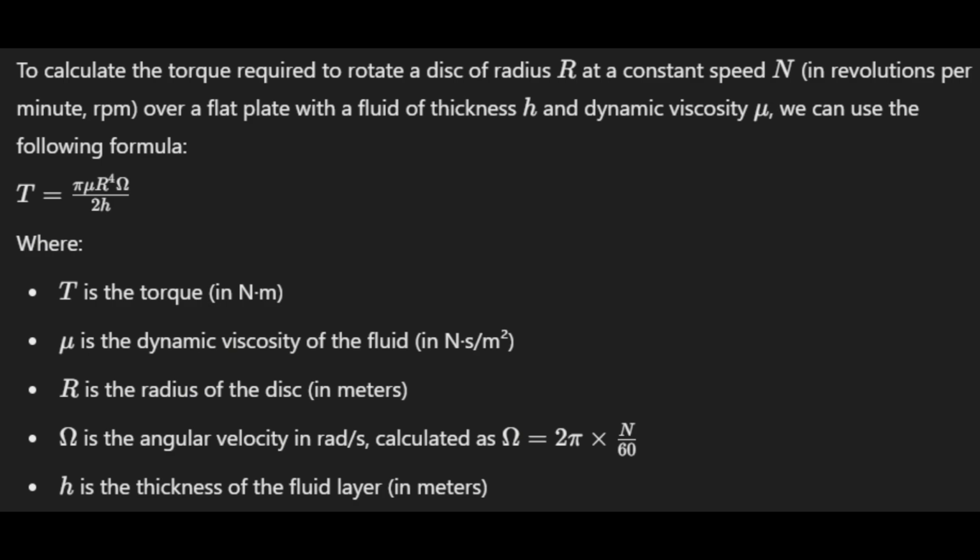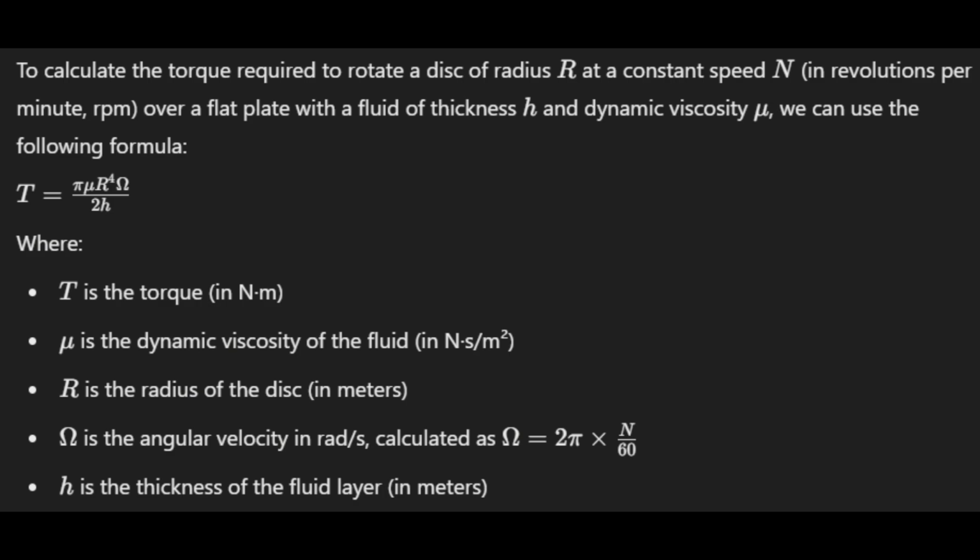Okay, in order to find the torque required to rotate the disk of radius capital R at a constant RPM n, for a flat plate having a thickness h and dynamic viscosity mu, you can simply use this formula: torque equals pi mu r^4 omega by 2 pi h.